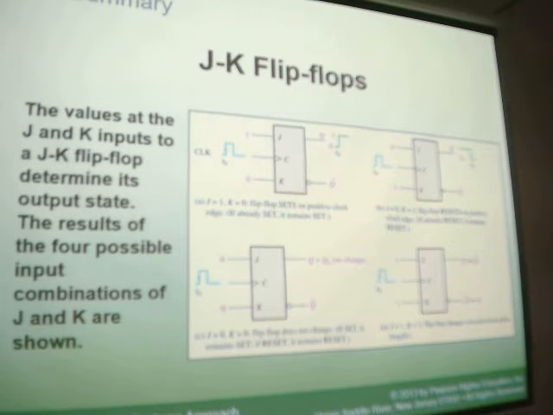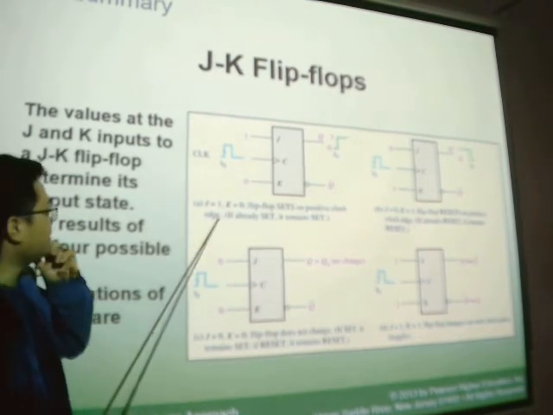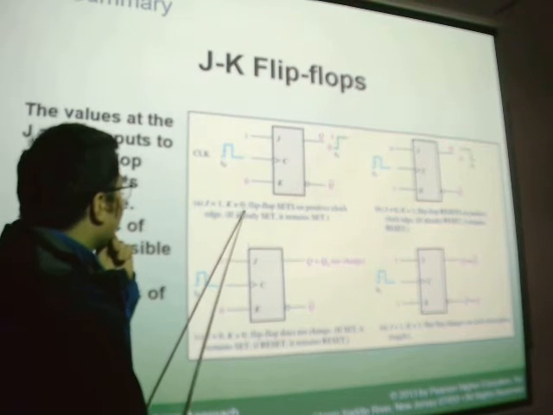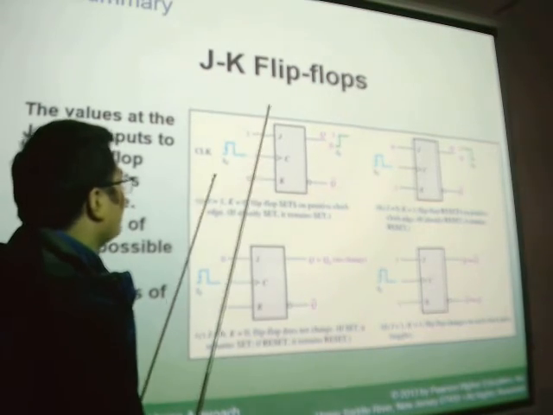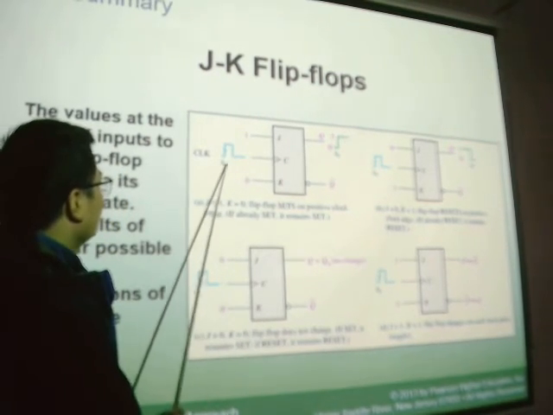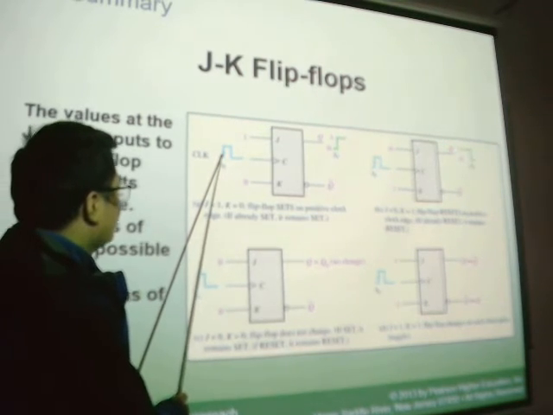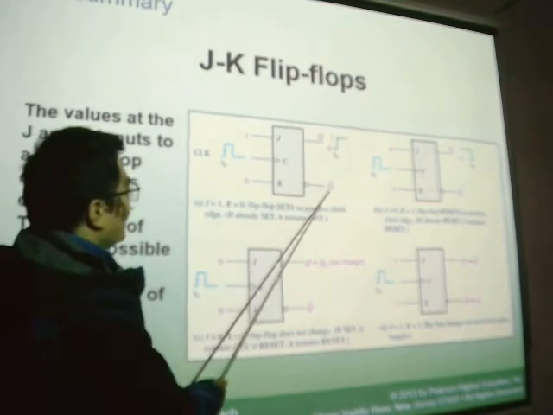JK flip-flops. The values of the J and K inputs to a JK flip-flop determine its output state. The results of the four possible input combinations of JK are shown. If J equals 1 and K equals 0, then the flip-flop sets on the positive clock edge: Q equals 1, Q bar equals 0.